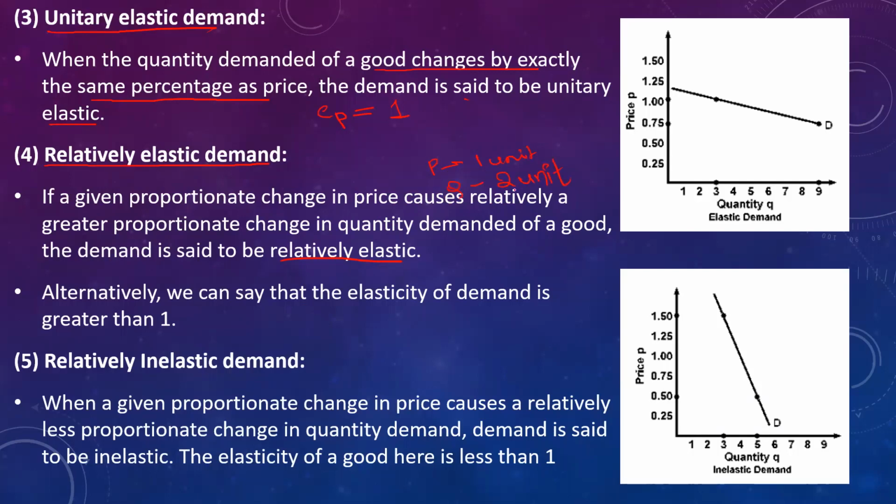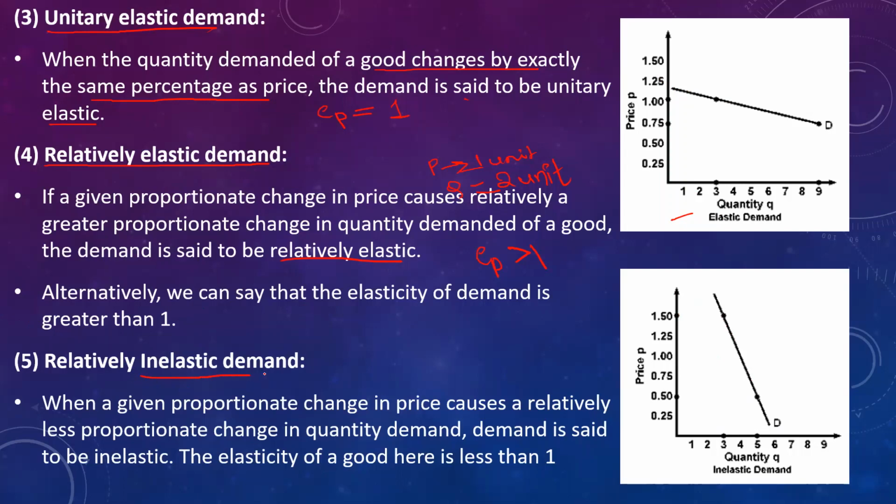Then such case will be relatively elastic. That is, more than the price change, quantity changes more. And in this case, elasticity will be greater than 1. And you can see here this relatively elastic curve is steeper. Sorry, it is flatter, and relatively inelastic, it is steeper in nature.